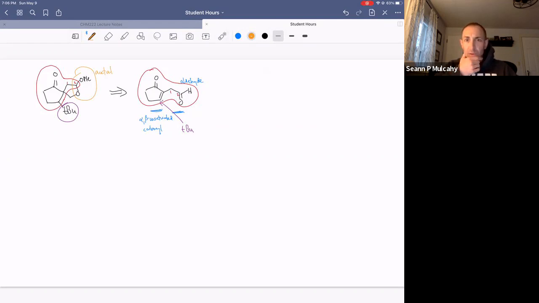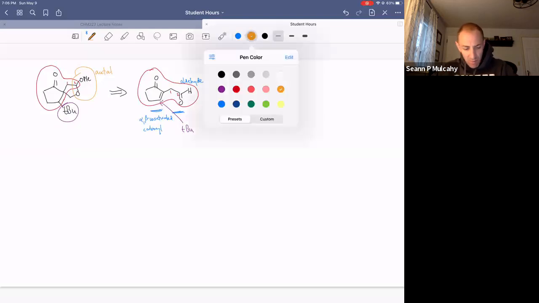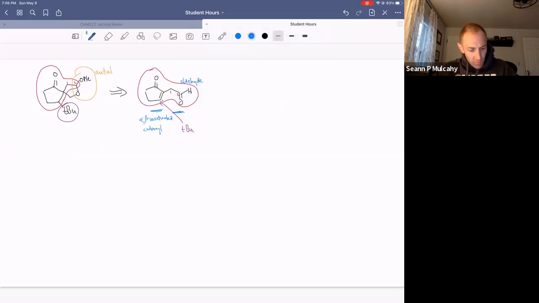So we need to form that acetal somehow, and then we can start to piece things together. One more thing we'll notice is that we've got this extra 1 carbon unit right here, hanging off of the alpha position to a carbonyl. It's a 1 carbon unit that has an oxygen attached.